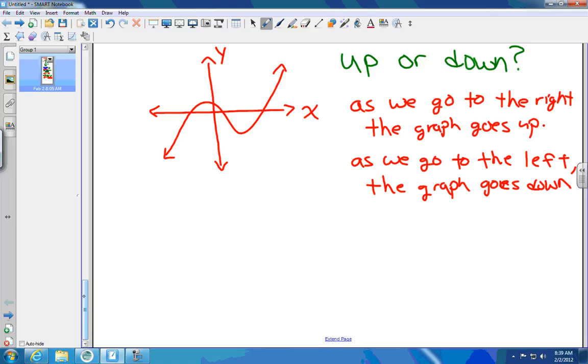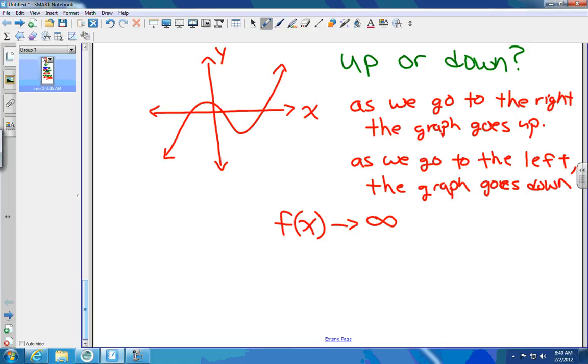So as we go to the right, what's the graph doing? Going up. So another word for the graph is f of x. That's the function. f of x goes to, that's what the arrow means, f of x goes to positive infinity, which is a sideways 8, going up. The other word for up is positive infinity.